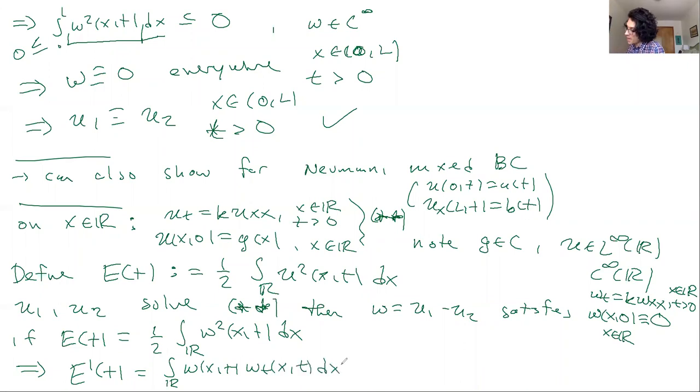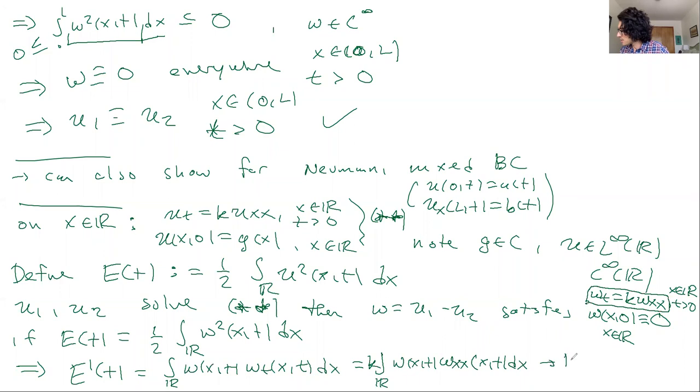Okay, so now I can use my PDE here to write this as the integral over R of k W W_xx dx. I'm going to have to flip to the next page and do an integration by parts.